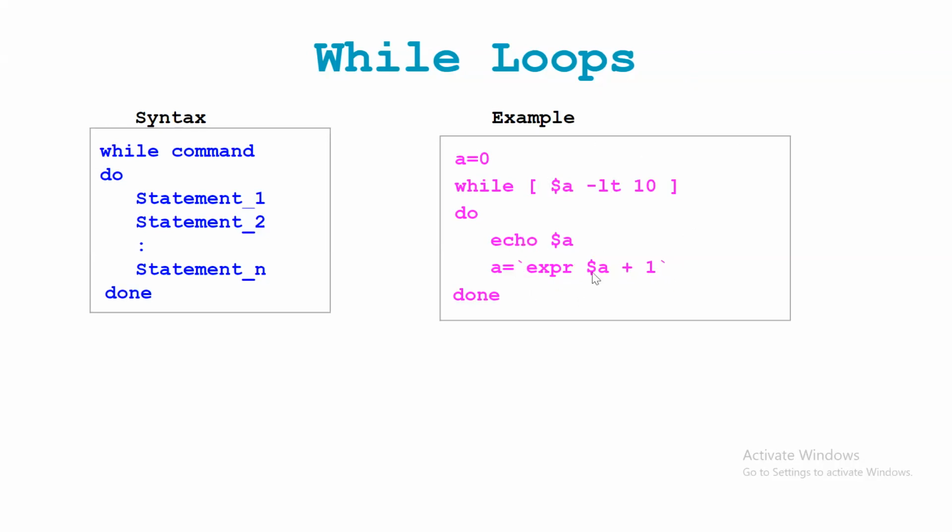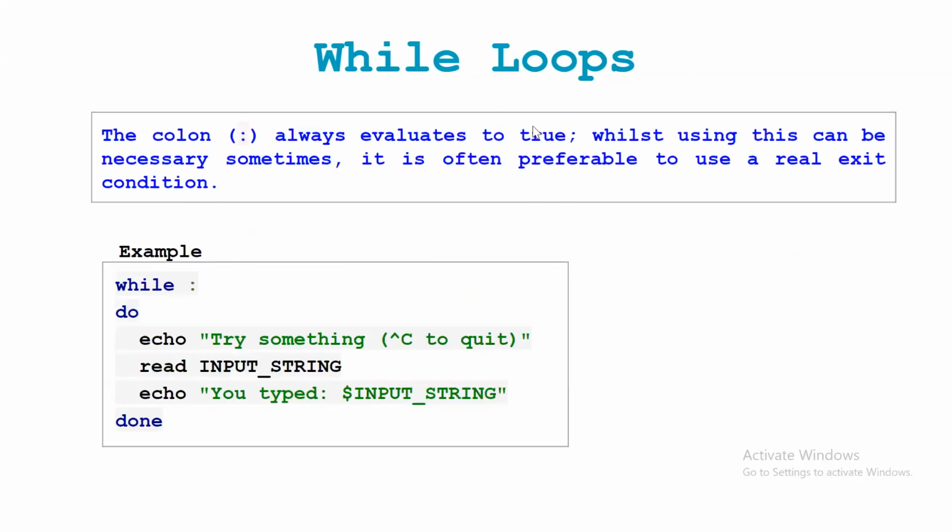So this is the normal form of the while loop. One more form is there. Sometimes we need the loop to execute a number of times or for an infinite time till a certain condition. For that, if you use this colon, it is always considered true.